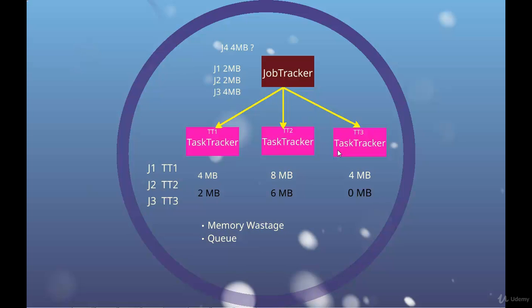Here the question is why it won't go to task tracker 2 as we have 6 MB space. And the second question is, does the job tracker have any knowledge of memory to schedule it? No, it's just a round robin scheduler only. Any algorithm, it's only a scheduler. Now what is round robin scheduling?